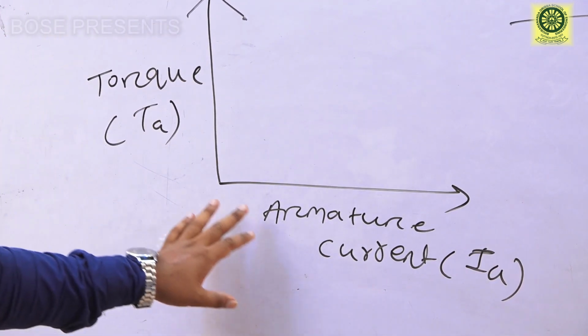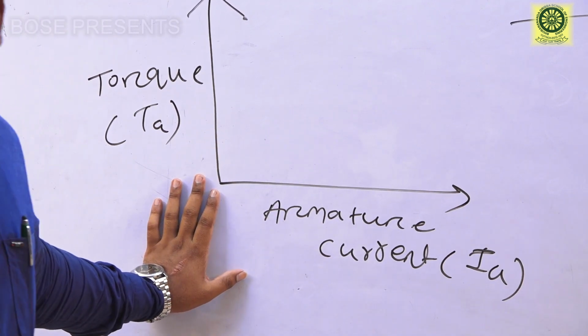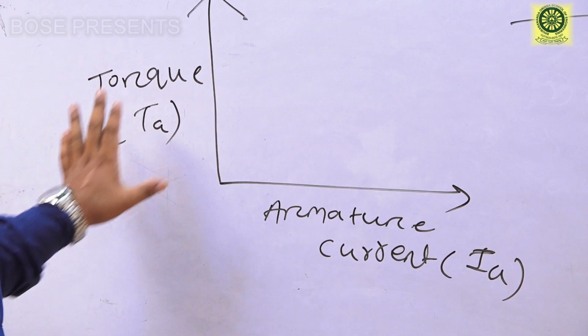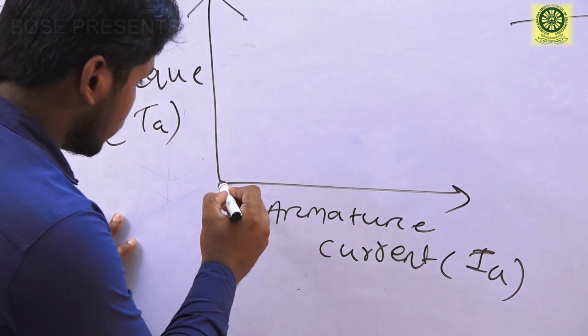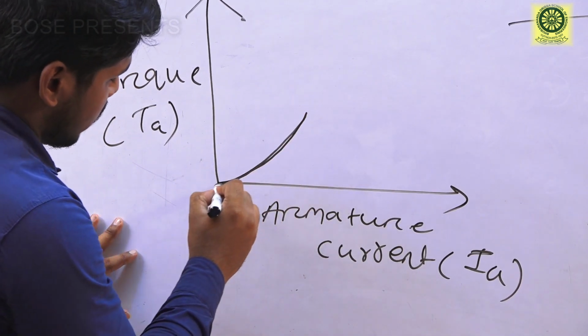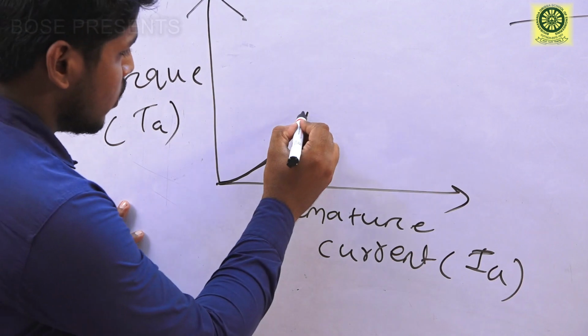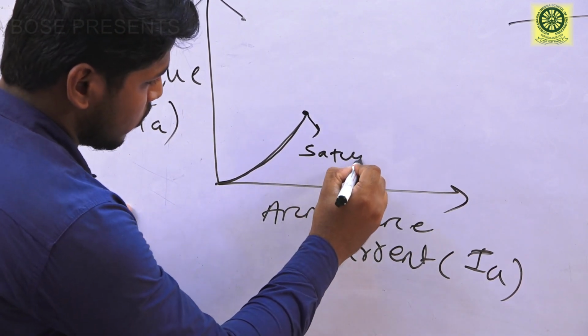At starting, as T is directly proportional to the square of the armature current, the curve between the torque and armature current will be a parabola up to the saturation point.